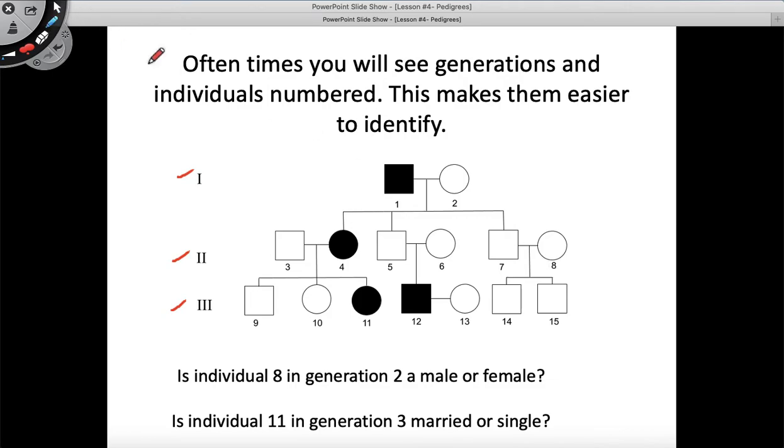So this person right here. And then is individual 11 in generation 3 married or single? So take a look. What's the answer? Yep, this person is a female, and this person here is single because there's no line connecting her to anyone else.